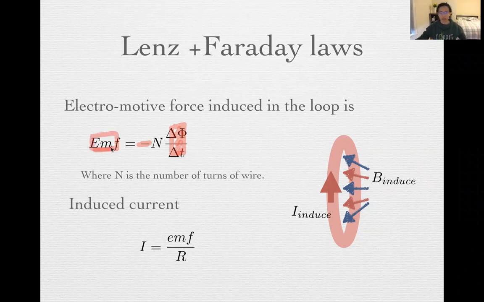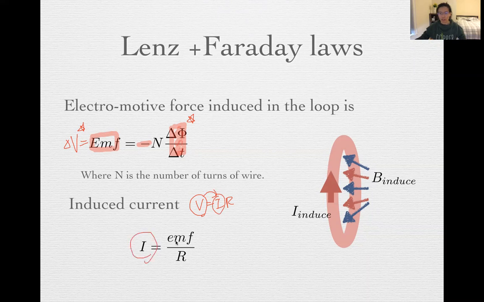This ring must have some electromotive force. Electromotive force is nothing but the voltage. So Faraday's law is saying, if I have a change in magnetic flux, that will induce a voltage, a potential difference. And because V equals IR, if there's a potential difference, it will drive a current over this resistor.